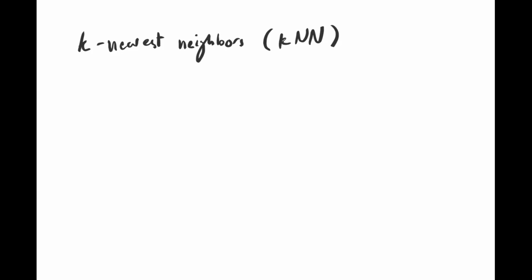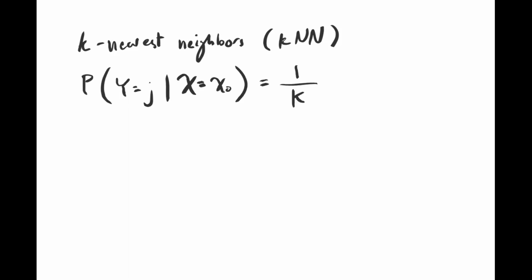So I'm going to write out the formal equation, which looks something like this. The probability of y being j given x at some initial value is equal to 1 divided by k, the sum over i elements of n0, where y_i equals j.